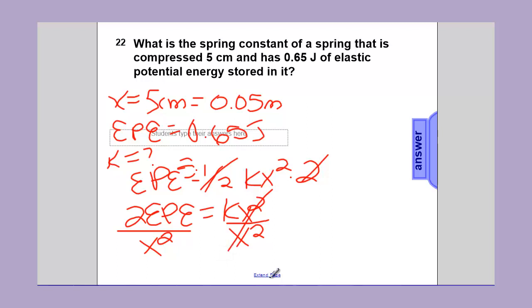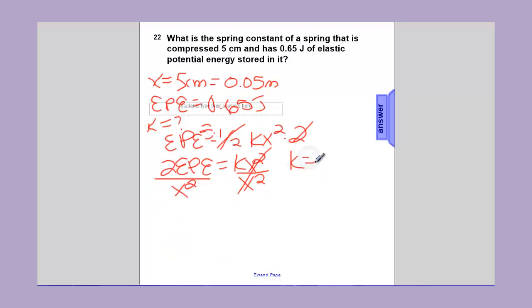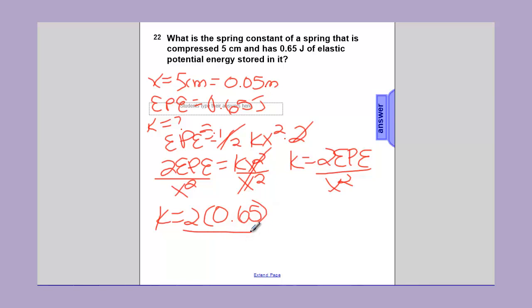So now you've got that k equals 2 EPE over x squared. We plug our numbers in, so now we've got 2 times 0.65 divided by 0.05 squared. And that is going to give you 520 newtons per meter.